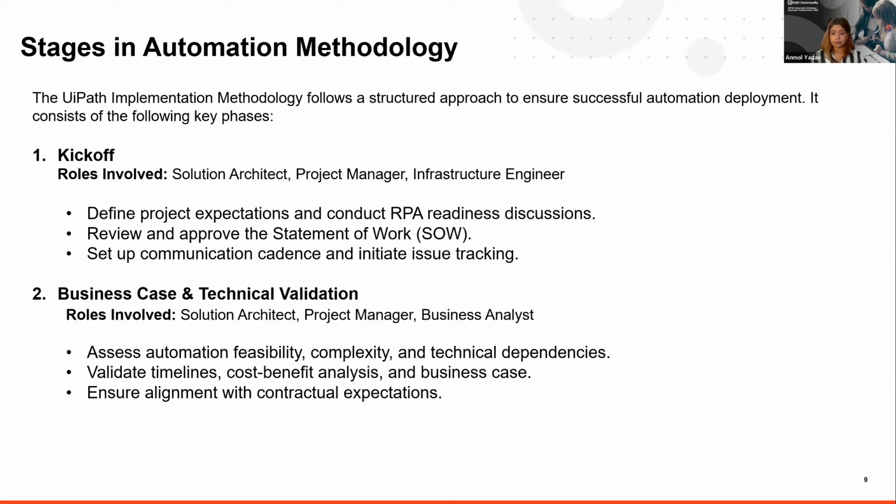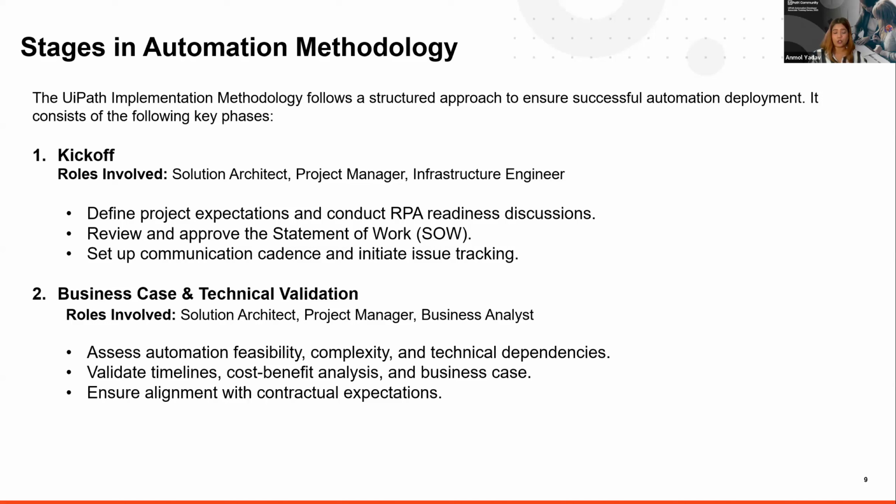You also set up a communication cadence and initiate issue tracking. Whenever there is any escalation or any issue during the project, the communication cadence defines who has to be reached first, and what the escalation path is, up to where it goes. So you would escalate to the project manager, then to another PM, and then maybe to the project sponsor.